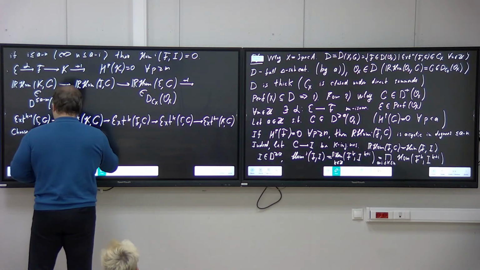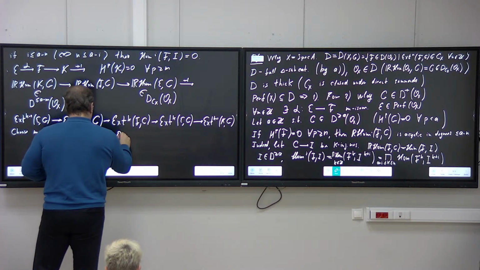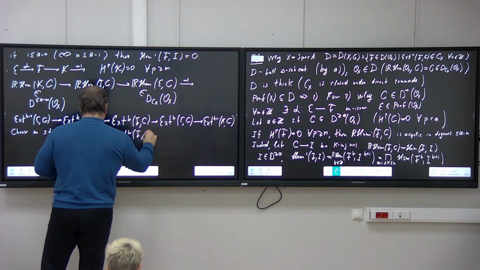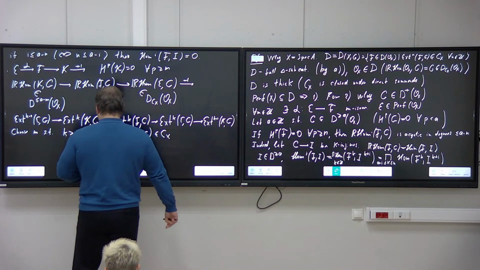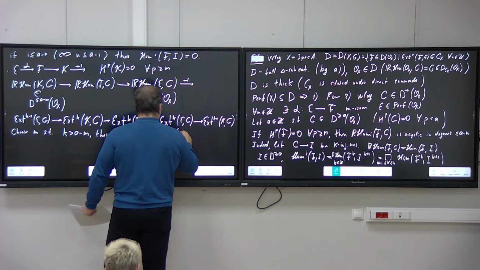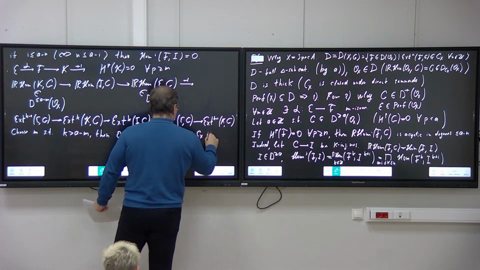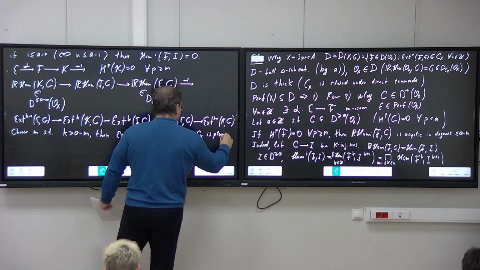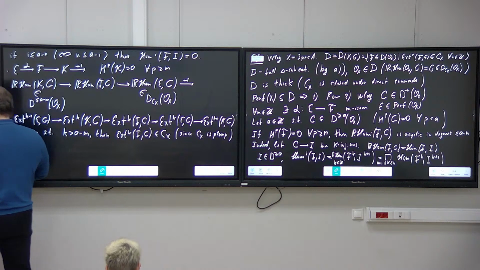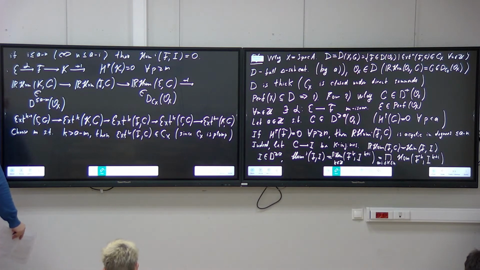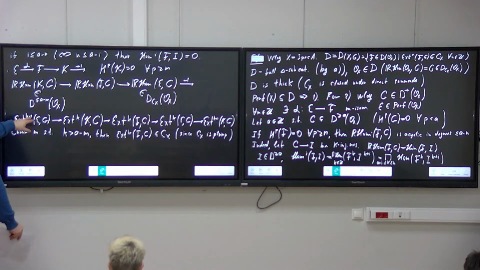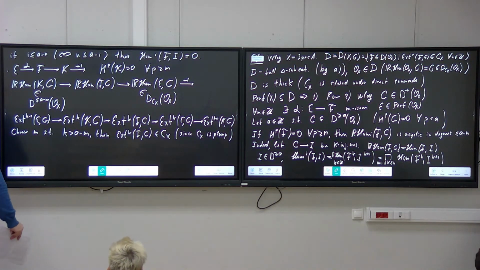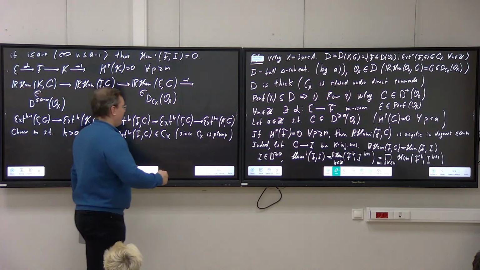Then Ext^k(F, G) is in C_X. But since in this five-term sequence the first two terms and the last two terms are in C_X by this assumption, they might be vanishing, but C_X contains 0. So I want to say that that's the end of the proof.